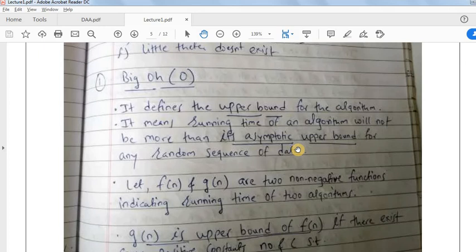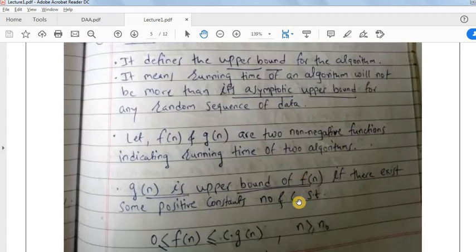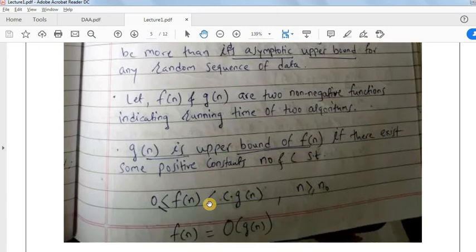Let's see it mathematically. We have two algorithms with the non-negative functions f of n and g of n. These are the two non-negative functions indicating the running time of two random algorithms. We will say g of n is an upper bound of f of n if there exist some positive constants n0 and c such that 0 less than or equal to f of n, which is less than or equal to c of g of n, for n greater than or equal to n0.